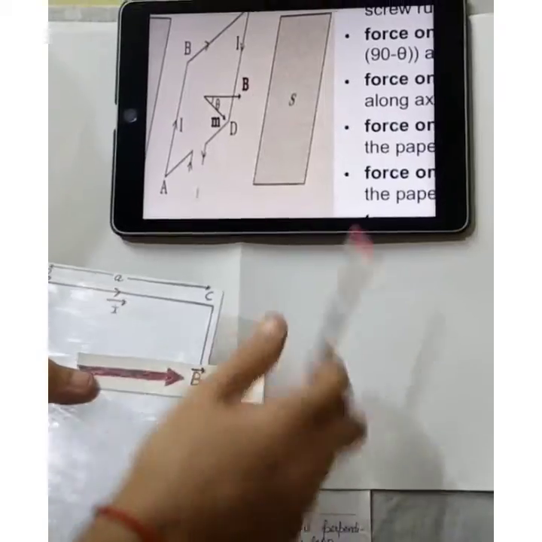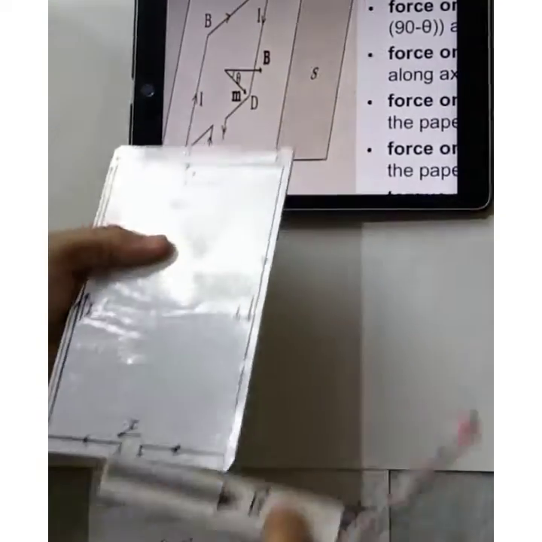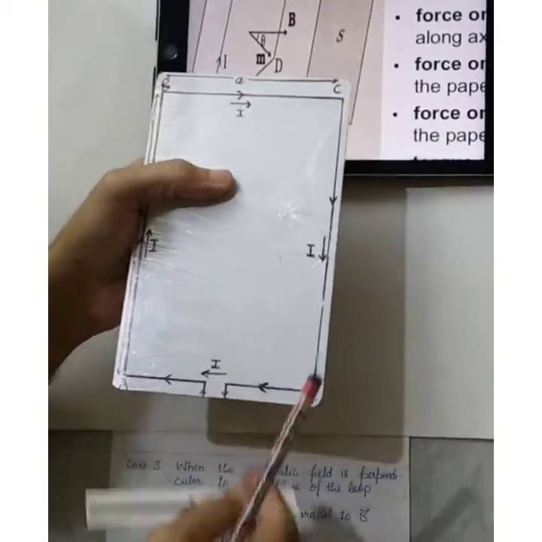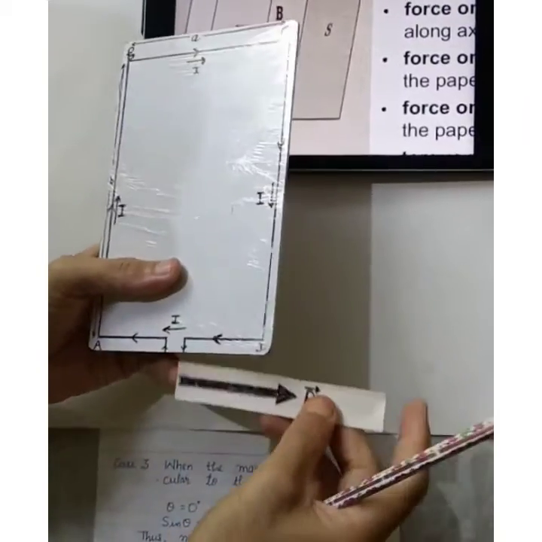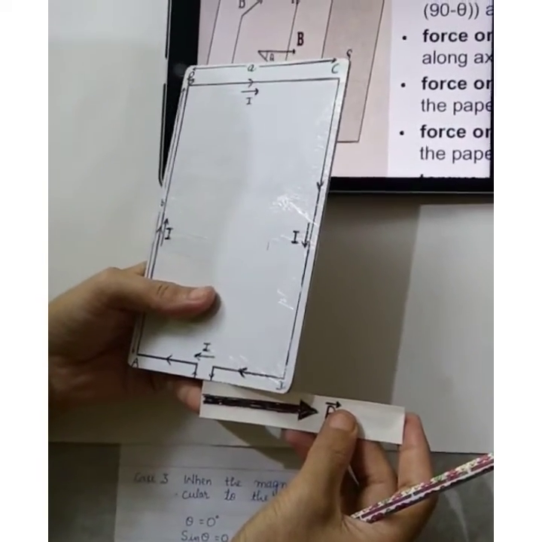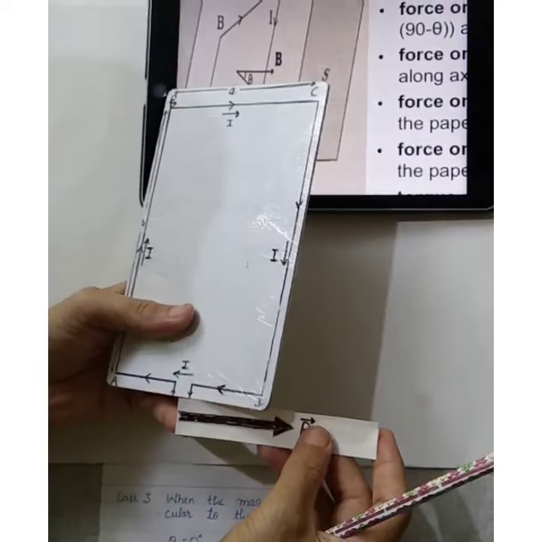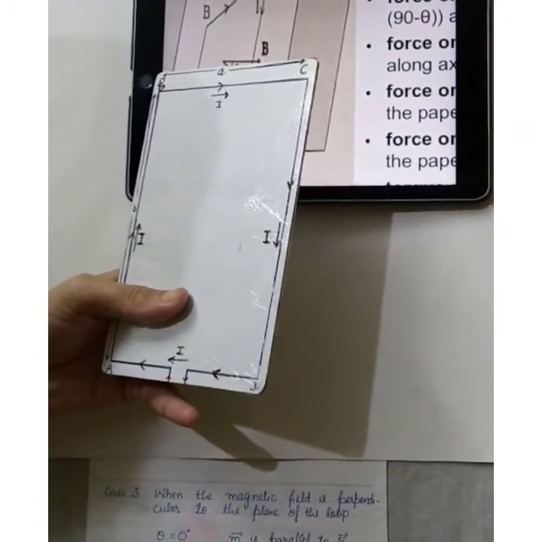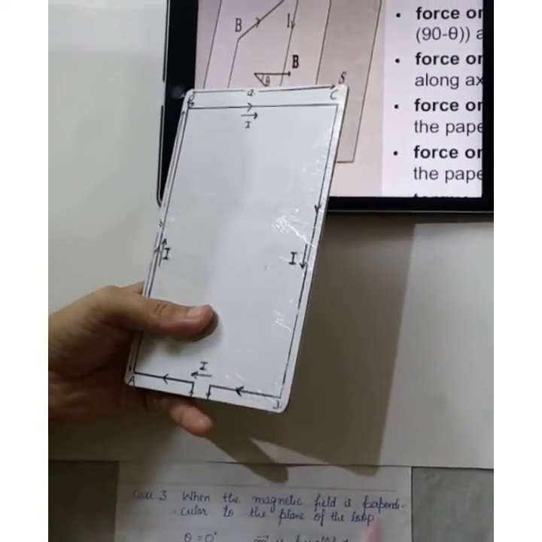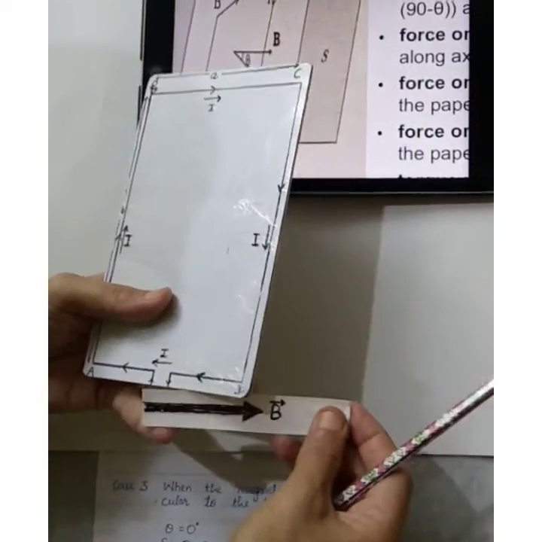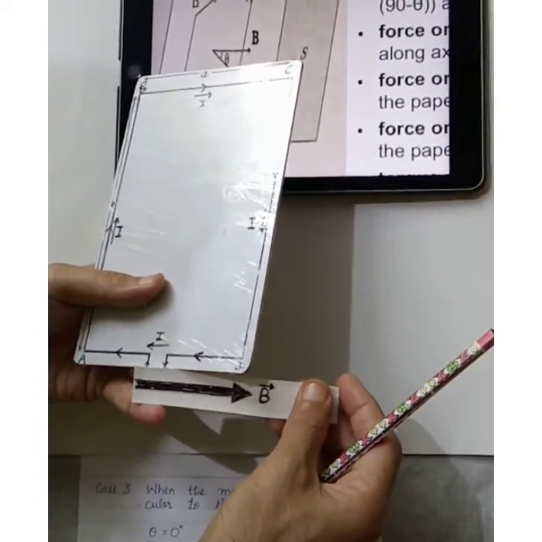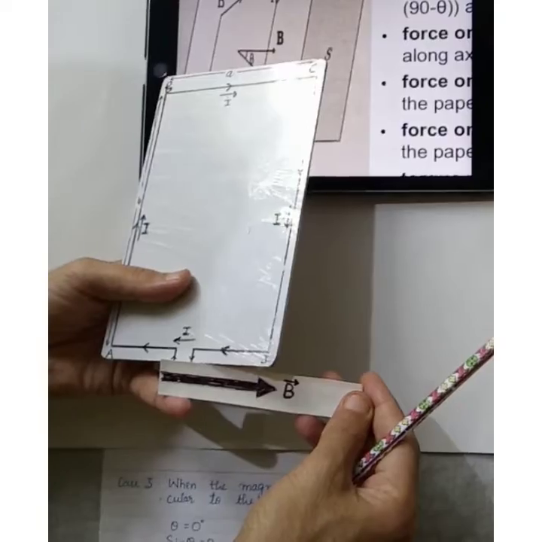Now the AD part is here. The magnetic field is horizontal. It has gone a rotation of 90 minus theta. So this side, the below side, is 90 minus theta. So the remaining angle with the magnetic field is 180 minus 90 minus theta.